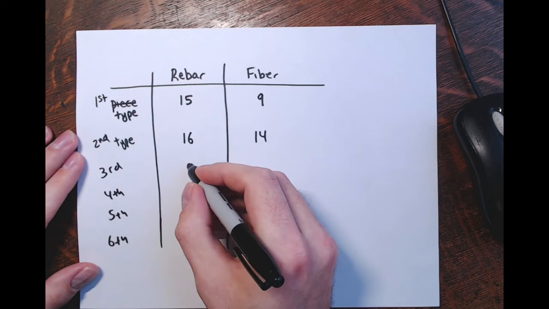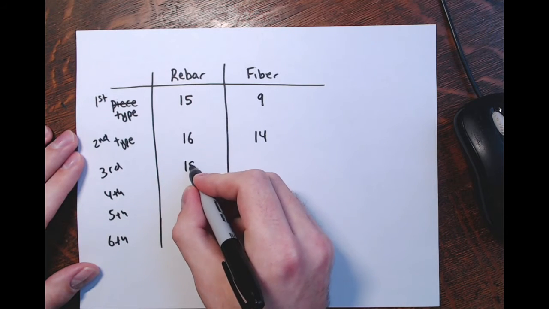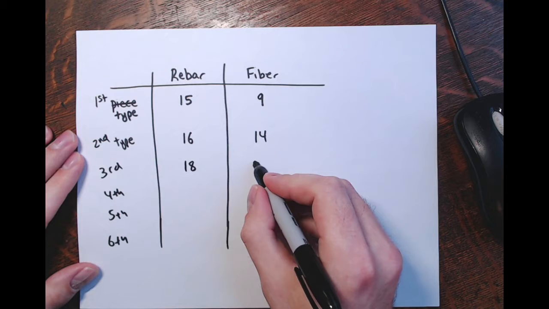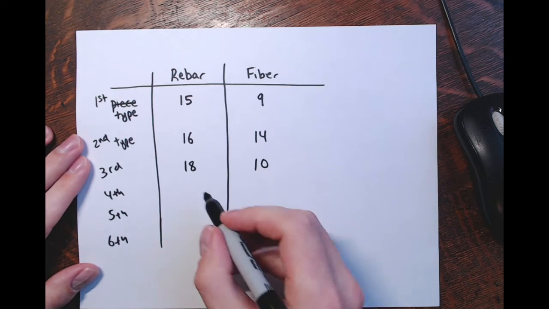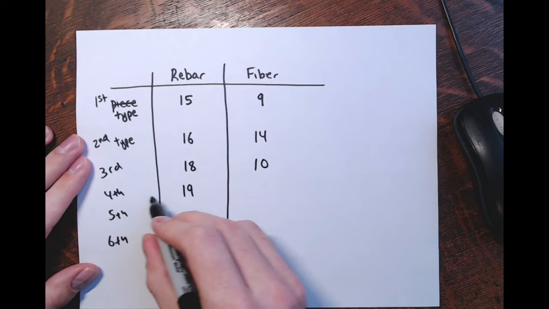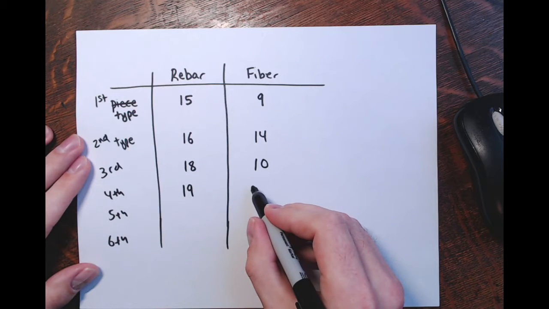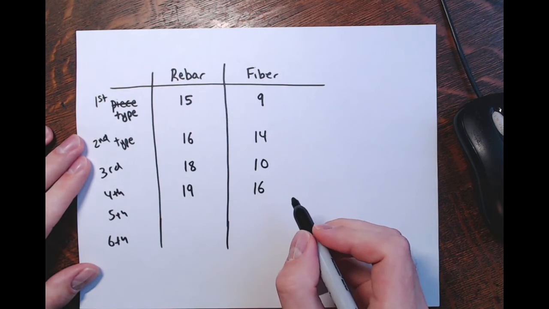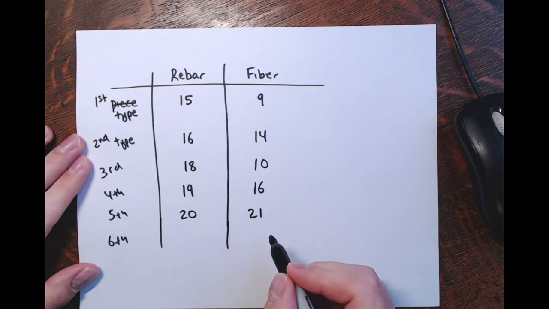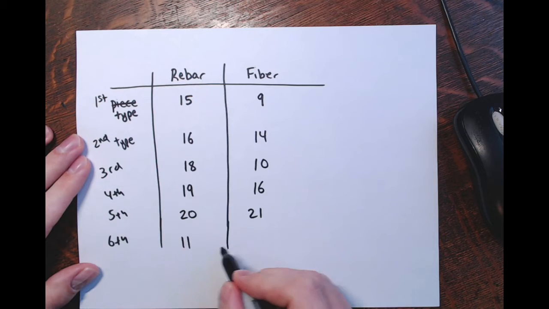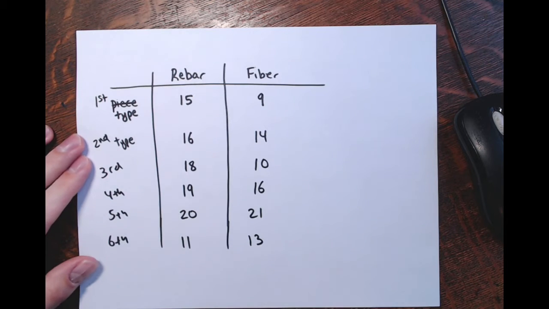The third type, 18 minutes to crack when it's made with rebar, 10 minutes when it's made with fiber. The fourth type, 19 minutes when made with rebar, 16 minutes when made with fiber. And the fifth type, 20 and 21. And the sixth type, 11 and 13. Okay. All right.